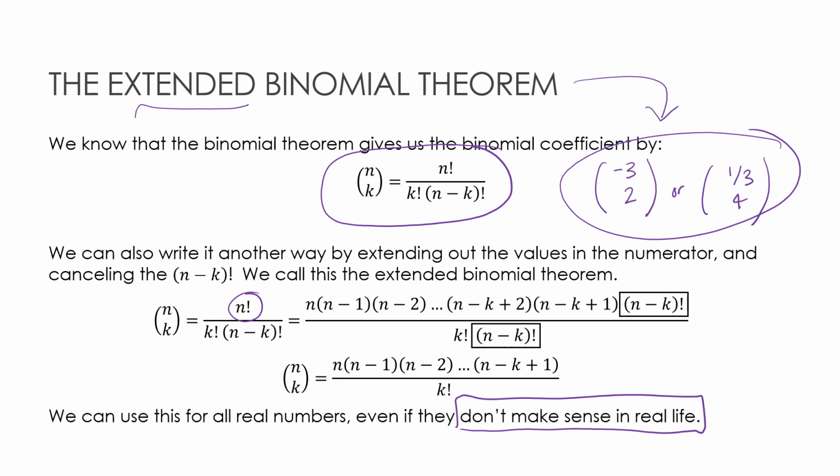Then at some point I'm able to cancel that n minus k factorial on the top and the bottom, which leaves me with this. And so essentially what I'm saying is n times n minus 1, etc., all the way down to n minus k plus 1, over k factorial is another way to write this. Now, when would I do it that way? I'll show you.